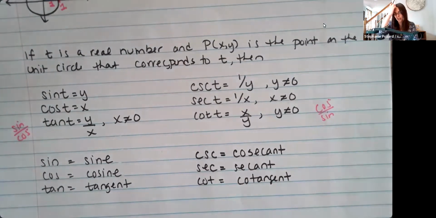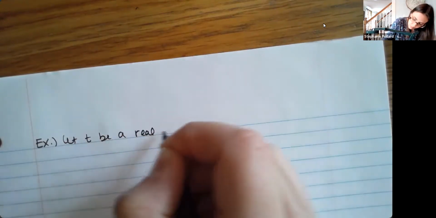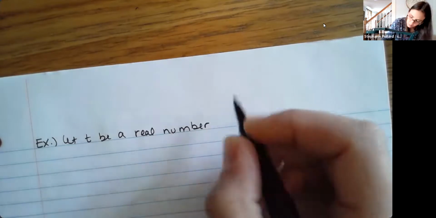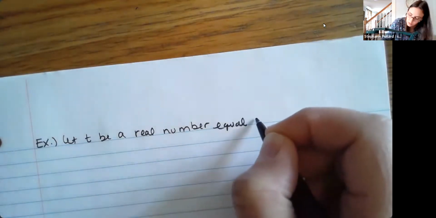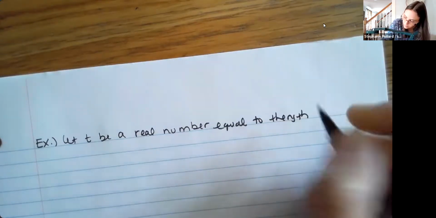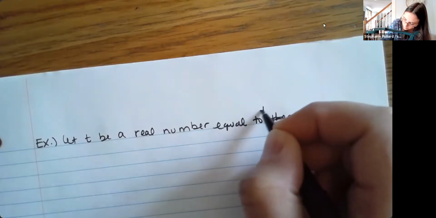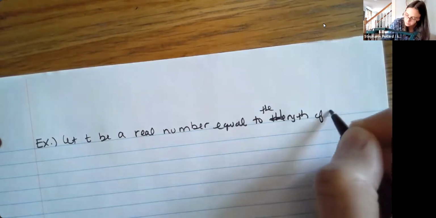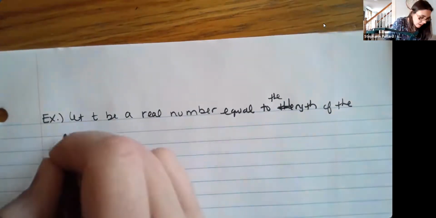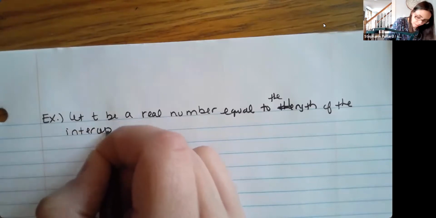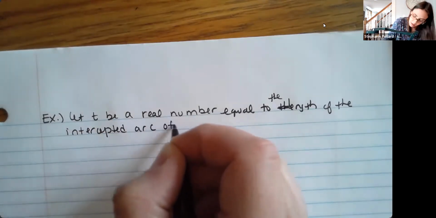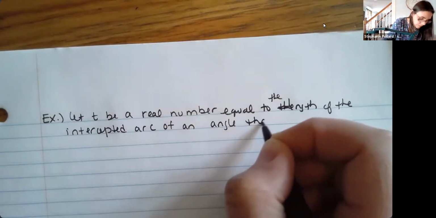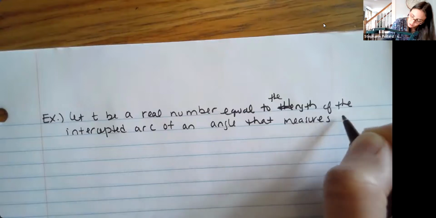So let's actually do an example so you can see how this all works. Let t be a real number equal to the length of the intercepted arc of an angle that measures t radians.